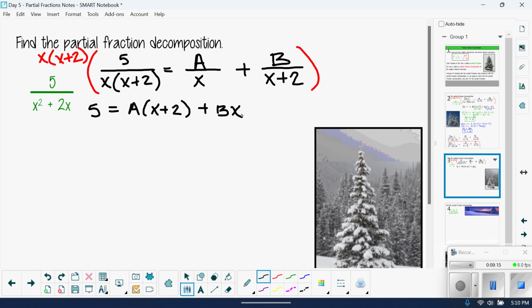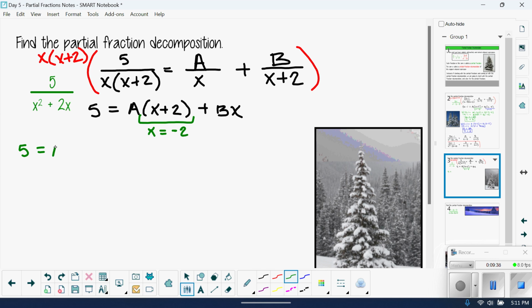So again, we're going to eliminate either a or b. It doesn't really matter which one you pick. If I eliminated a, I got to think to myself, what do I need to let x equal so that it's equal to 0 here? So hopefully you figured out x is going to be a -2. So everywhere there's an x, I'm going to replace it with a -2.